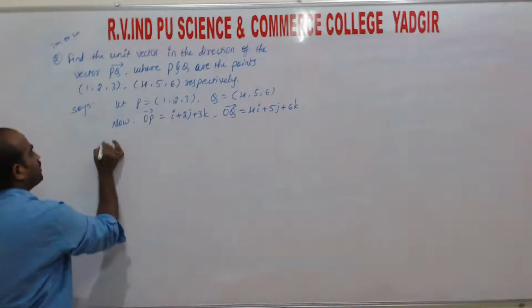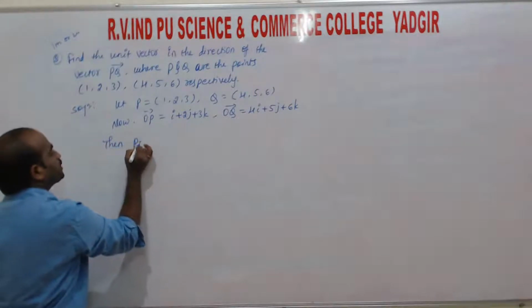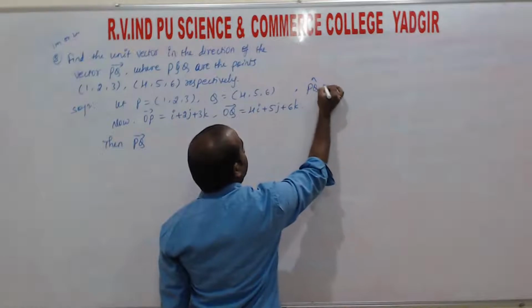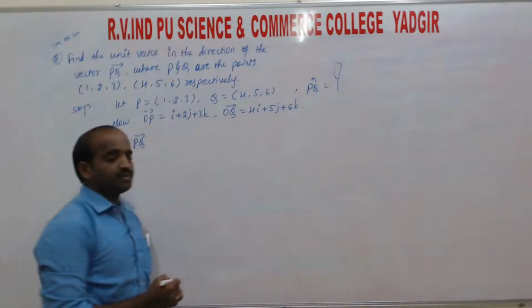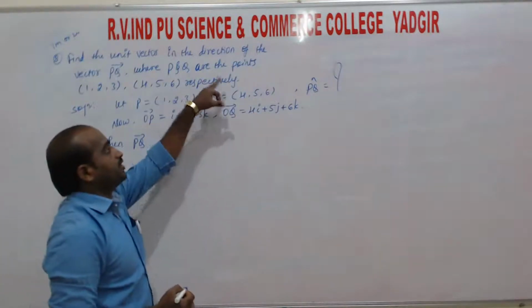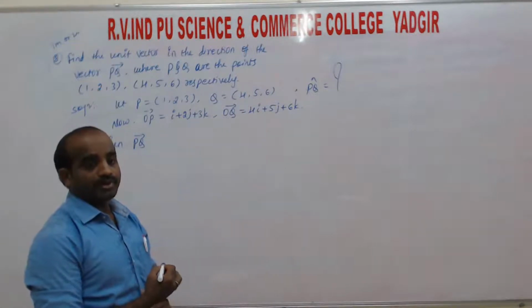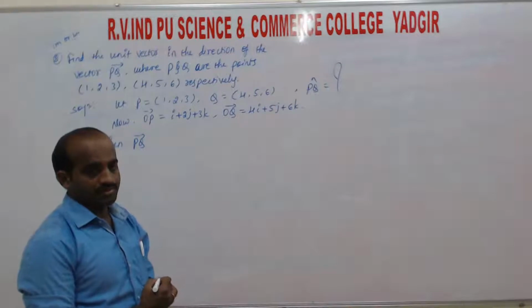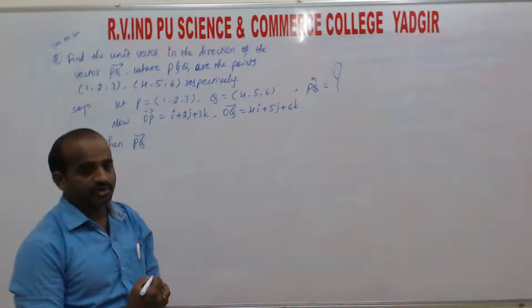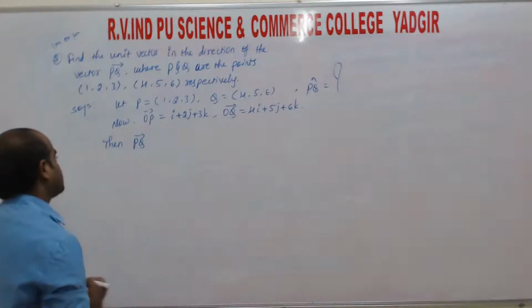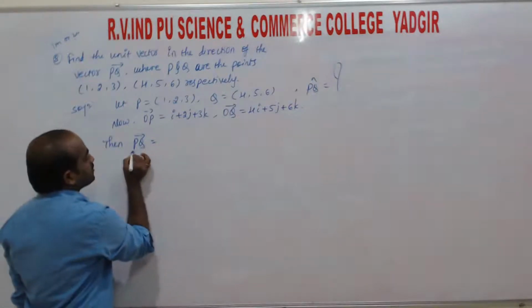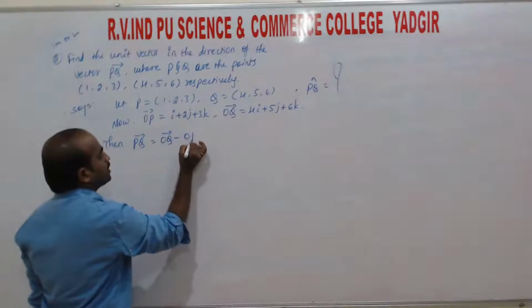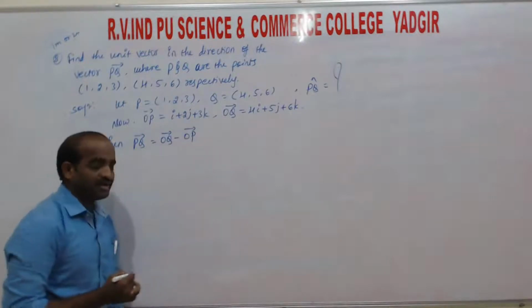Then we have to find the PQ vector, then find PQ cap. The unit vector in the direction of the vector PQ is given by PQ cap, which is PQ vector divided by magnitude of PQ vector. PQ vector is OQ minus OP.